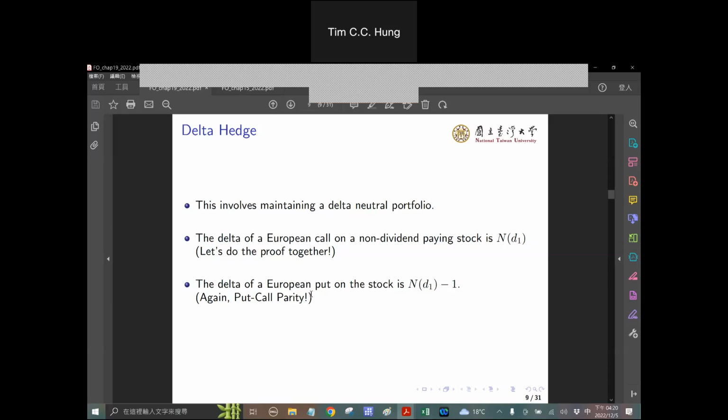So that was n of d1. If we take a partial derivative of n of d1 with respect to d1, that is the case when we take a partial derivative of n of d1 on d1 itself.